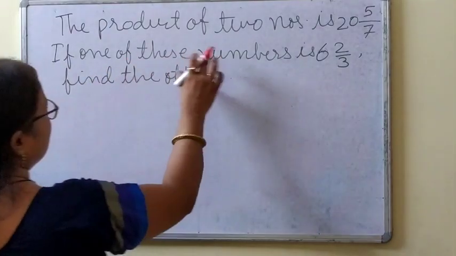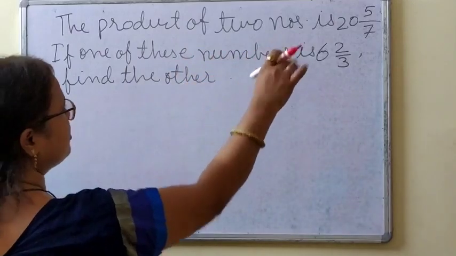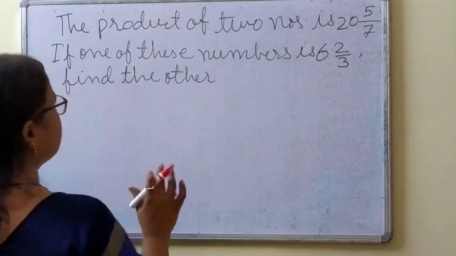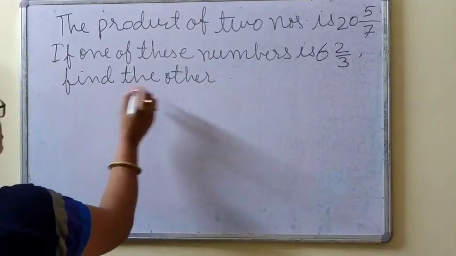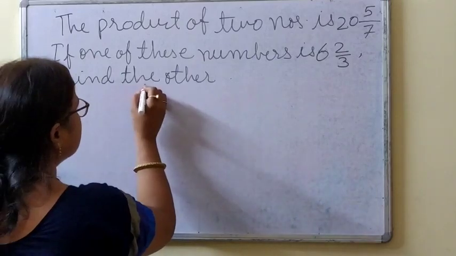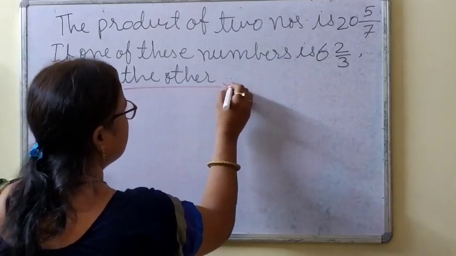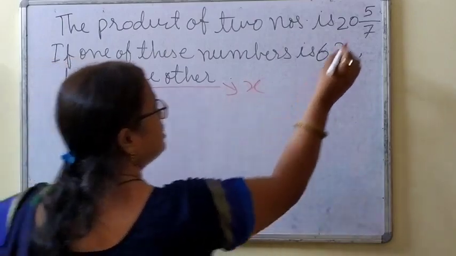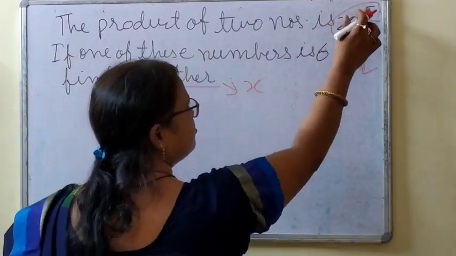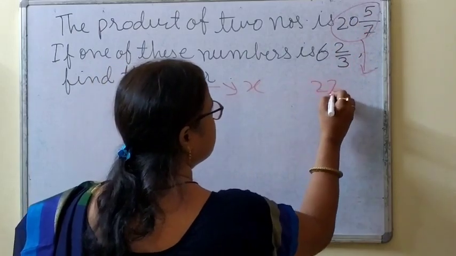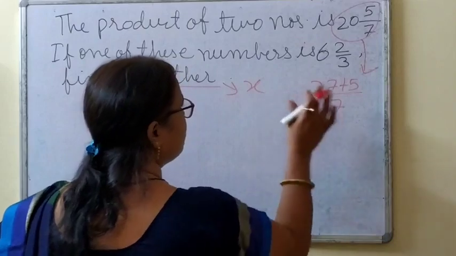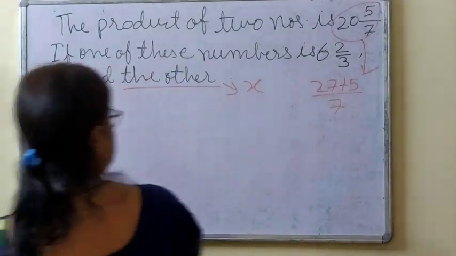Now, the product of two numbers is 25 by 7. If one of the numbers is 6 2 by 3, find the other. Product of two numbers means what? First you can suppose that the other number be x. Clear? Let's solve this part. When you solve this part, 7 3s are 21 plus 4, no, not that, because you will multiply here.